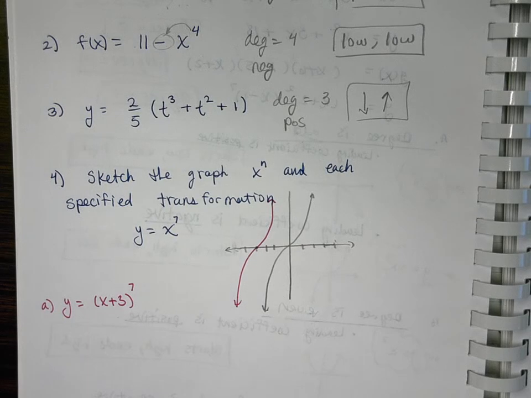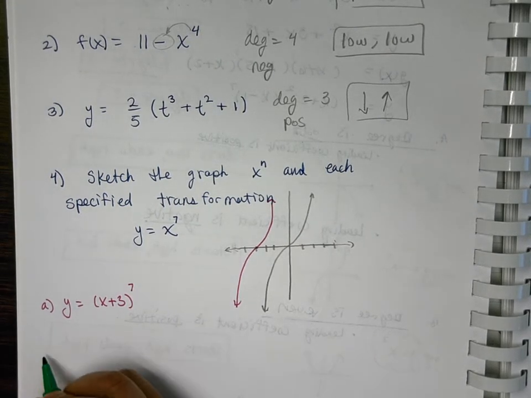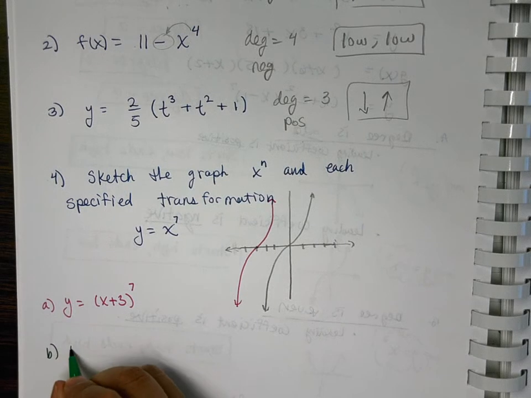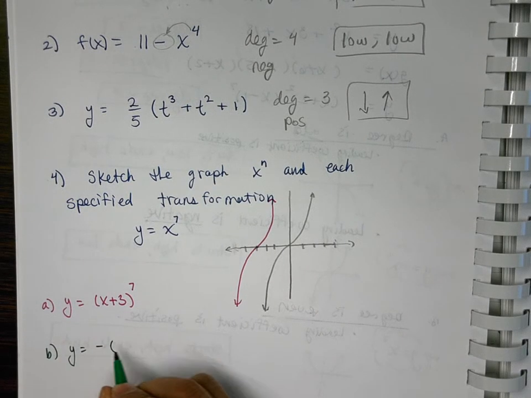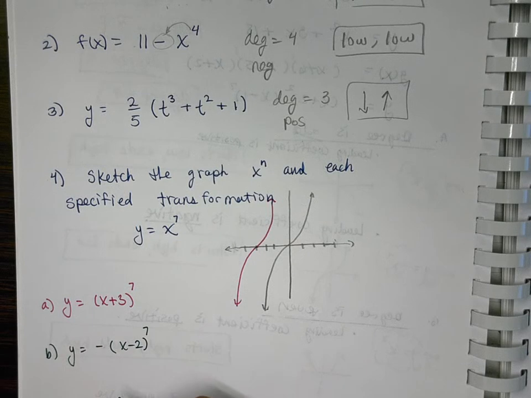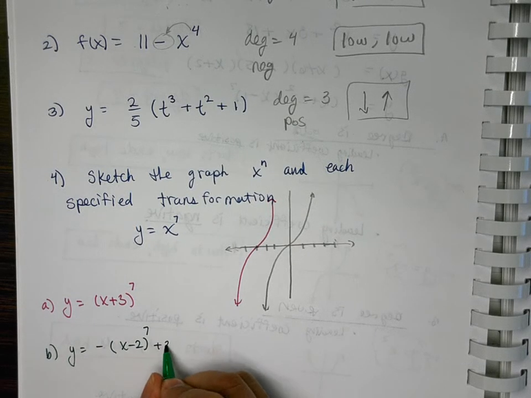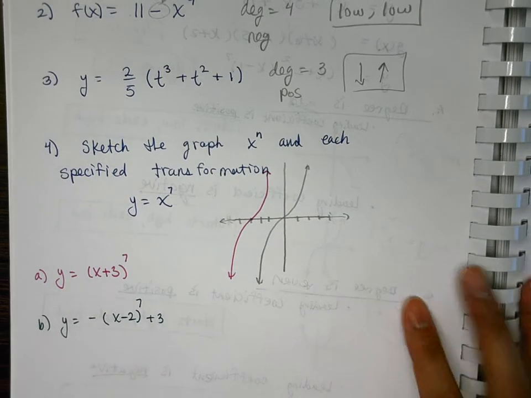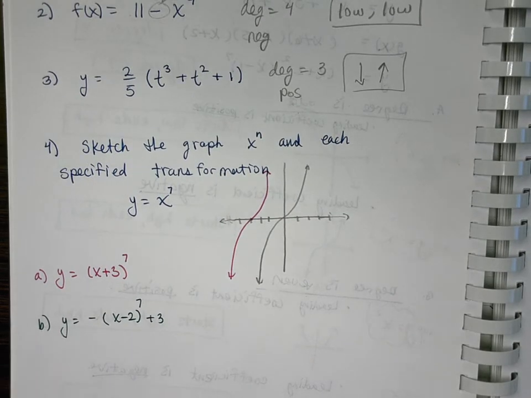Questions? Part B. Y equals negative parentheses x minus 2 close parentheses 7th power, and then a plus 3. There are multiple things going on in this one. What does this minus 2 in the parentheses do?